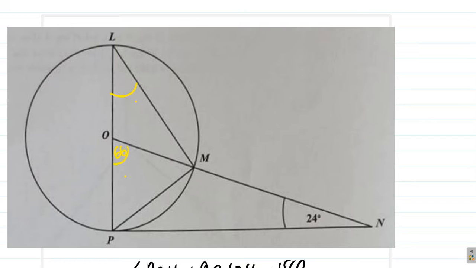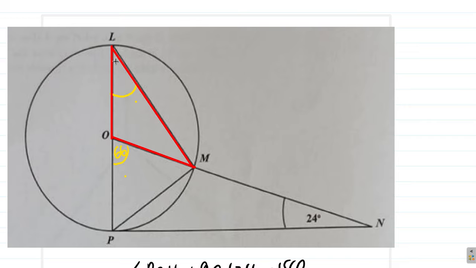But suppose you consider this triangle. Triangle LOM. Alright?